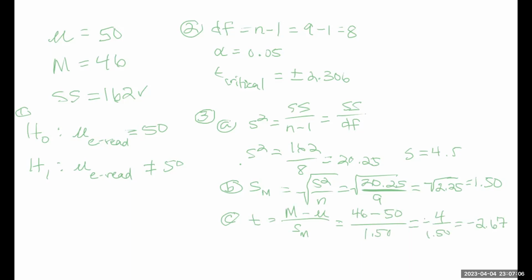Okay. So given the information, now I can calculate my step 4. So now I need to make a decision. And when I'm making a decision, I'm going to compare this number with this number. And since this number is less than my negative 2.306, that means I can reject the null hypothesis, meaning that reading the e-reader at least an hour before going to sleep caused a difference in the cognitive alertness the next morning.